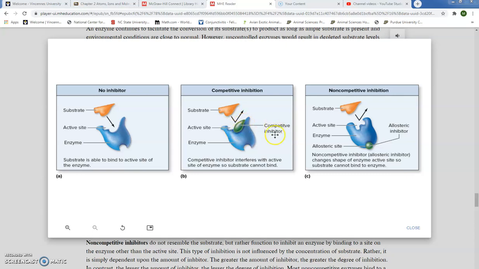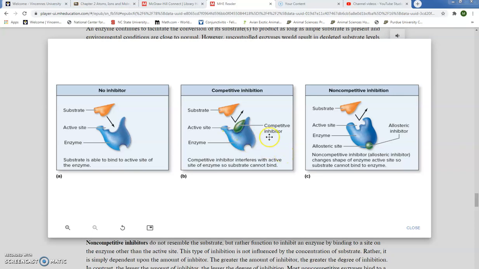So that's why it can inhibit this enzyme, because the enzyme will say, oh, you have the right shape, so you can bind here to me. But the problem is when the competitive inhibitor binds to this enzyme, the enzyme can't do anything. So it's not the right substrate, so it doesn't catalyze a chemical reaction. So it interferes with the normal functioning of the enzyme.